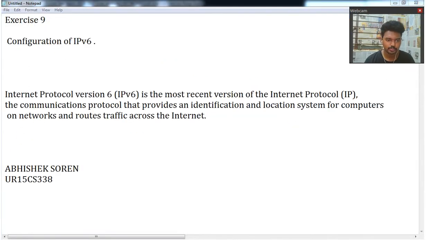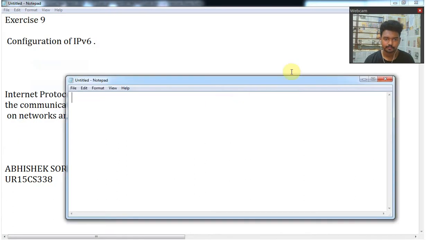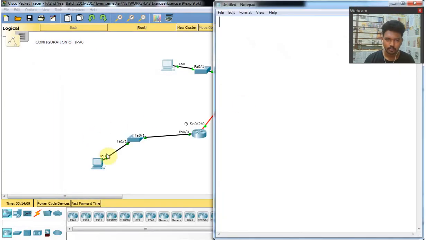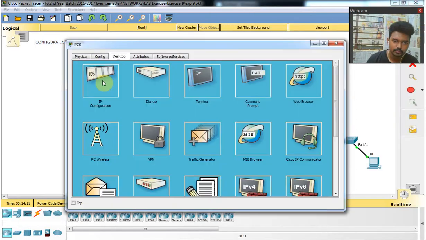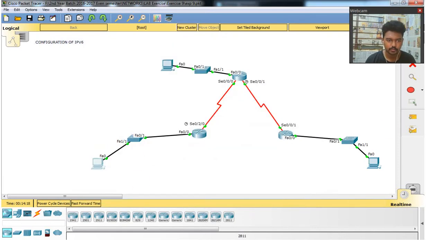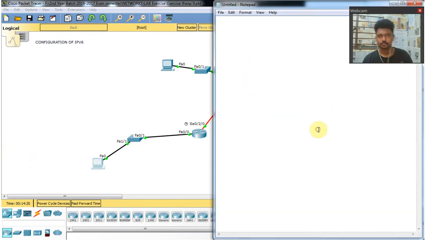I'll show you one demonstration for this. First we'll check. This is the IPv6 gateway which I have mentioned for this particular network. Now we are doing the configuration of this particular router.